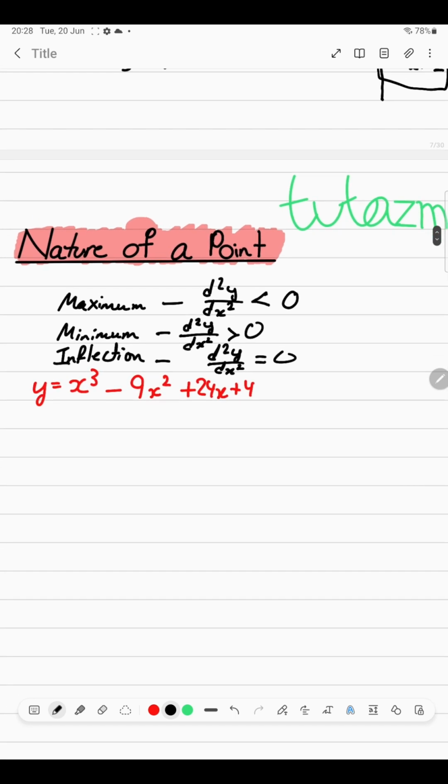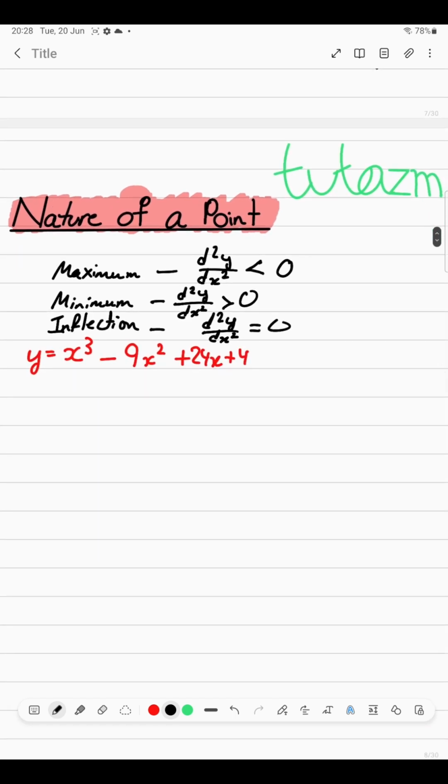So if we have a graph like this one, we'd first start off by differentiating it if we want to find the stationary points.